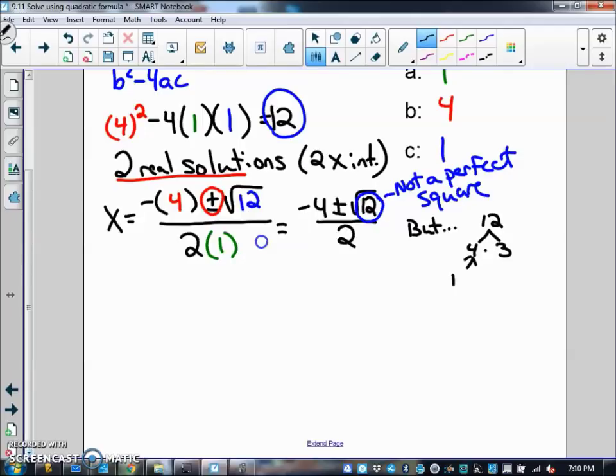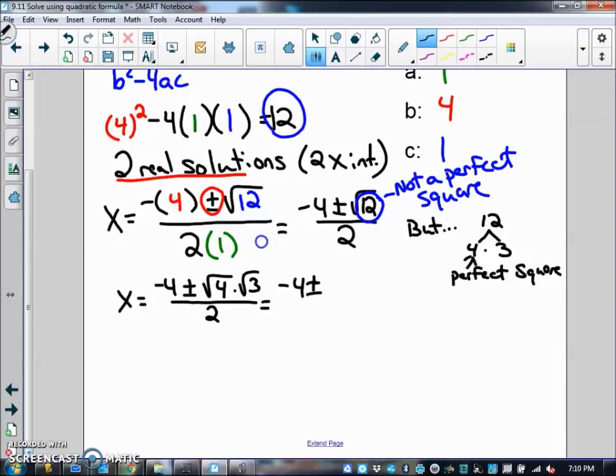And 4 is a perfect square. So I can say that my answer, x, is equal to negative 4 plus or minus the square root of 4 times the square root of 3 all over 2. Which means my answer then becomes negative 4 plus or minus 2 radical 3 over 2.